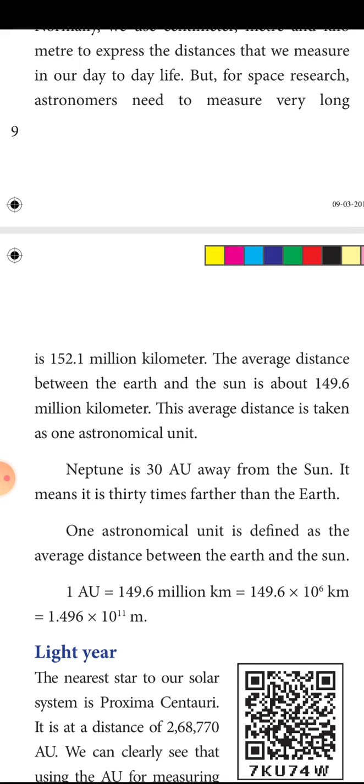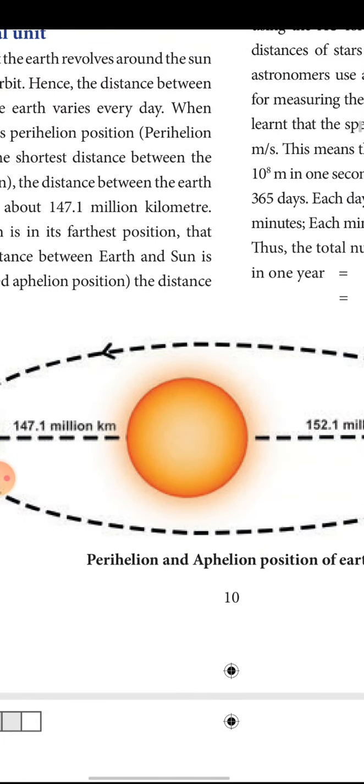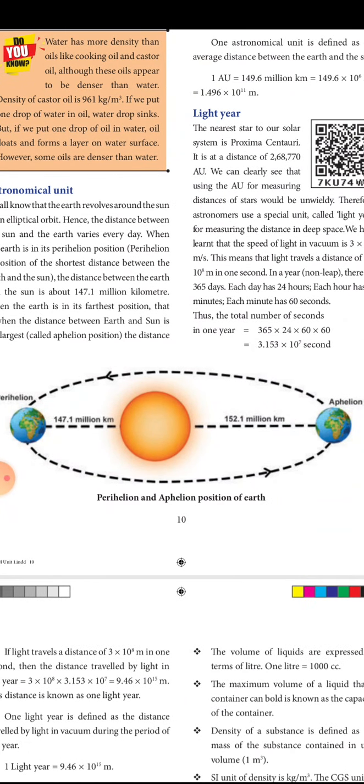For that there is a diagram. See the distance between the sun and earth. Perihelion position and aphelion position. Perihelion position, the shortest distance between the earth and the sun. Aphelion position, the longest distance between the sun and earth. The shortest distance is 147.1.